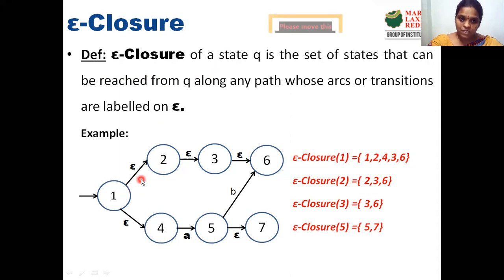Now coming to the definition, the epsilon closure of a particular state Q is the set of states which are reached from Q along paths labeled epsilon. If you see here, for the epsilon closure of state 1, in level 1 we reach states 2 and 4 on the epsilon move. In level 2, increasing the levels of closure, from 2 we have an epsilon move to state 3, and in the next higher level we have another epsilon move from 3 to 6.